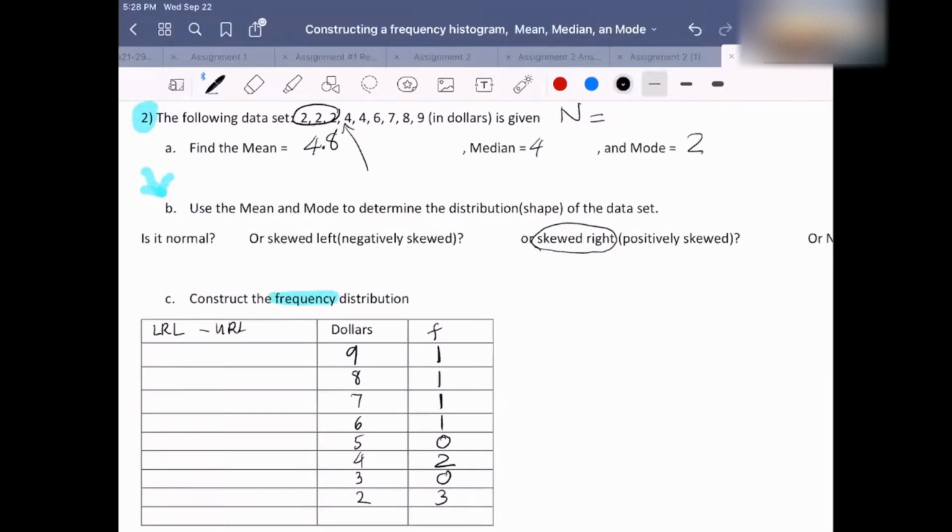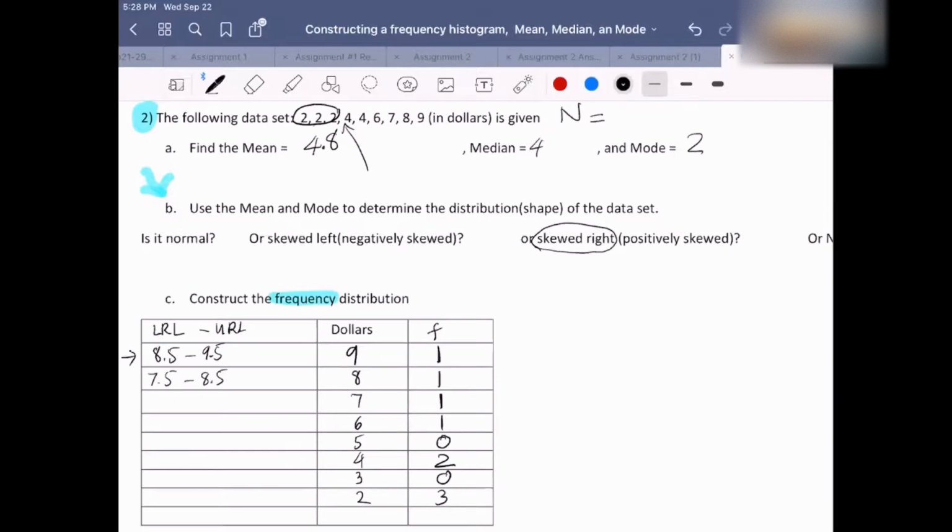Okay. So let's start with the first one, everyone. What are the limits of number 9? Minus 0.5 and add 0.5 to get the limits, right? All right, so it should be 8.5 to 9.5. Since you guys already know this, let's just go fast. Okay? And then 7.5 to 8.5.